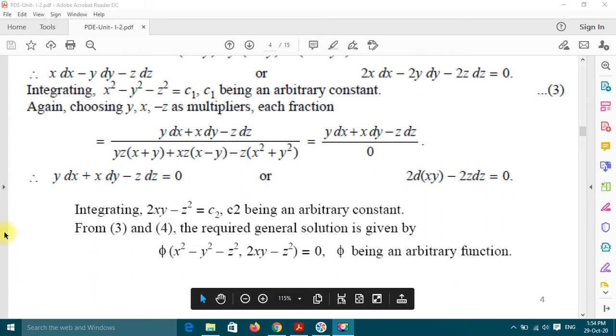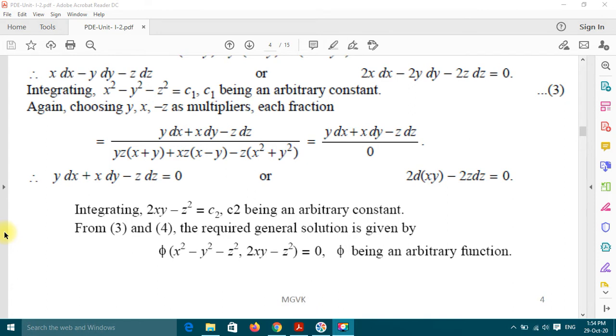Now we get the first solution of the given partial differential equation. Now we are trying to find another solution, the second solution of the partial differential equation. For this we choose y, x and minus z as multipliers. Then each fraction is equal to y dx plus x dy minus z dz upon yz(x plus y) plus xz(x minus y) minus z(x square plus y square). So if we simplify it, then all the terms will be cancelled out.